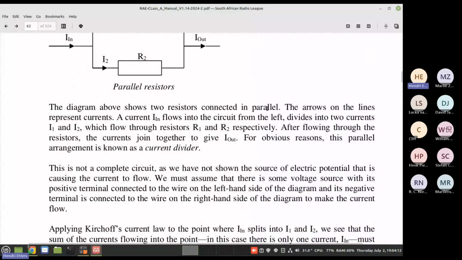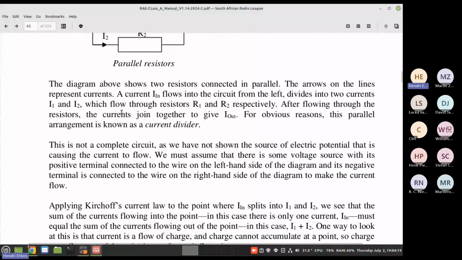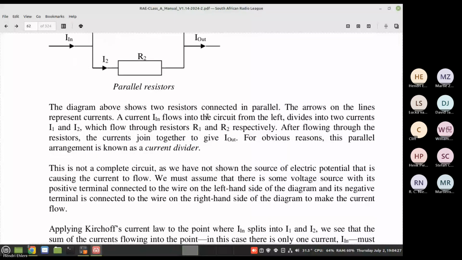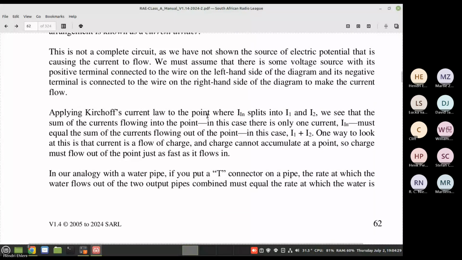That's what they explain here for you. This is not a complete circuit because there's no power source, and this is known as a current divider. We're going to do this further on, and then it will make better sense.